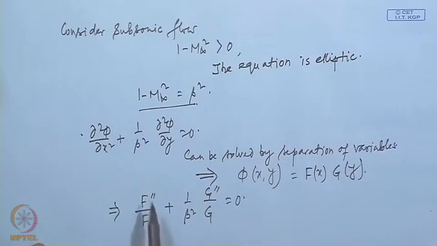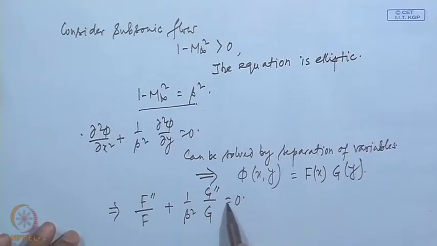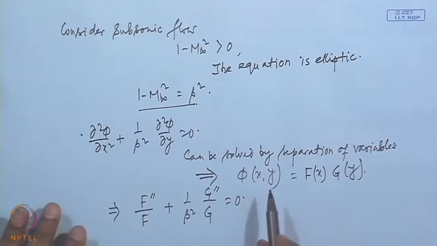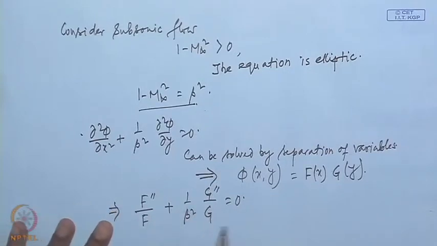Now, the first term is a function of x and the second term is a function of y only. The sum of these two functions can be 0 for all cases only when both of them are constant. This is a function of x, this is a function of y, and the sum of them is 0. That can happen only if both of them are constant.